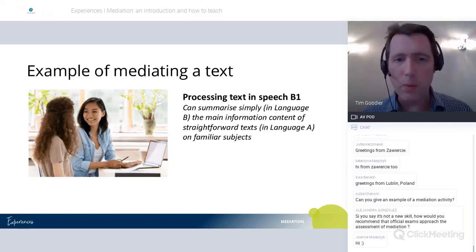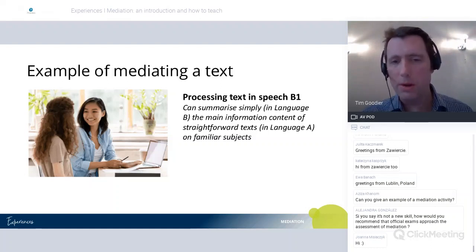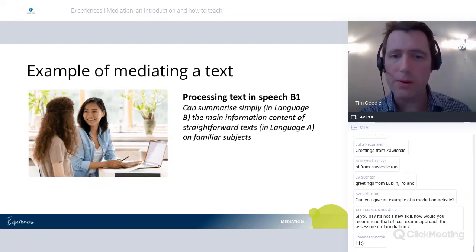Here's one at B1: can summarize simply in language B the main information content of straightforward texts in language A on familiar subjects. You'll notice this language A and language B comes up quite a lot in mediation descriptors because it can signify two different languages, but it can also signify two different texts.